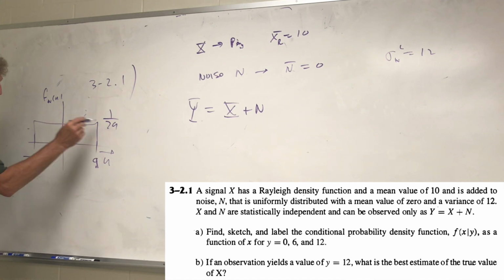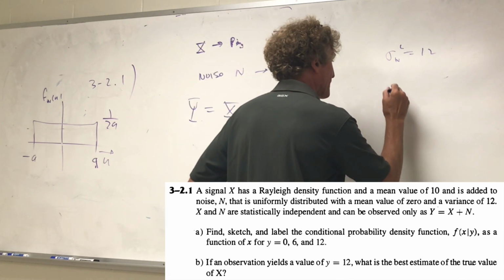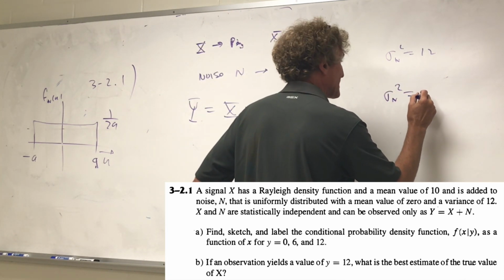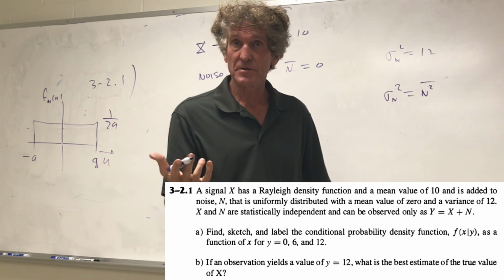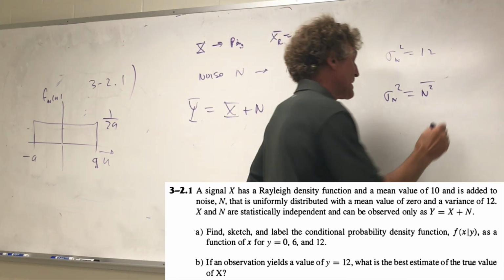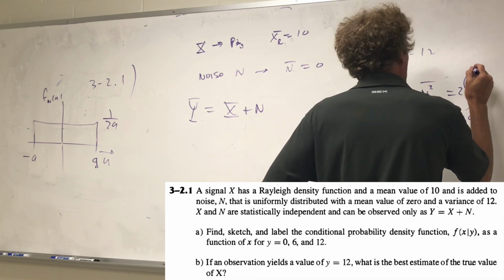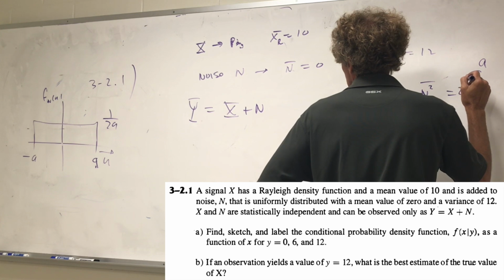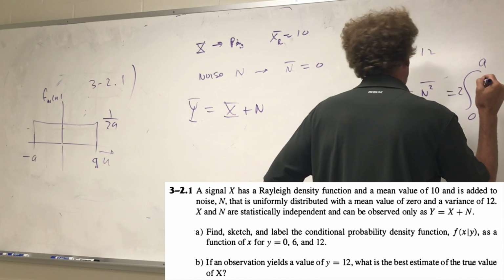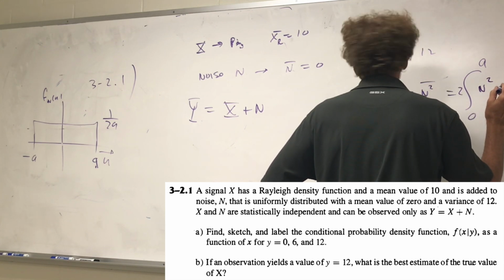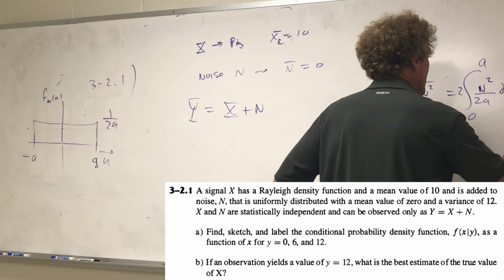so I know that's a constant value, and if I want the value of sigma n squared, because it is equal to the mean squared value of n, since it's 0 mean here, then I can simply take 2 times the integral from 0 to the upper limit, which I'm calling a, of n squared, times the density function, which is 1 over 2a, dn.